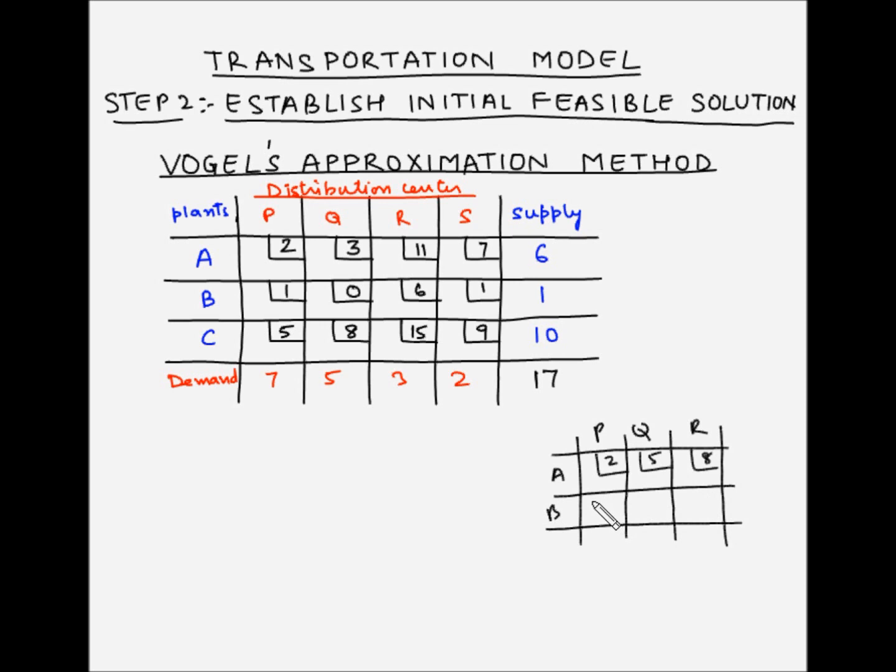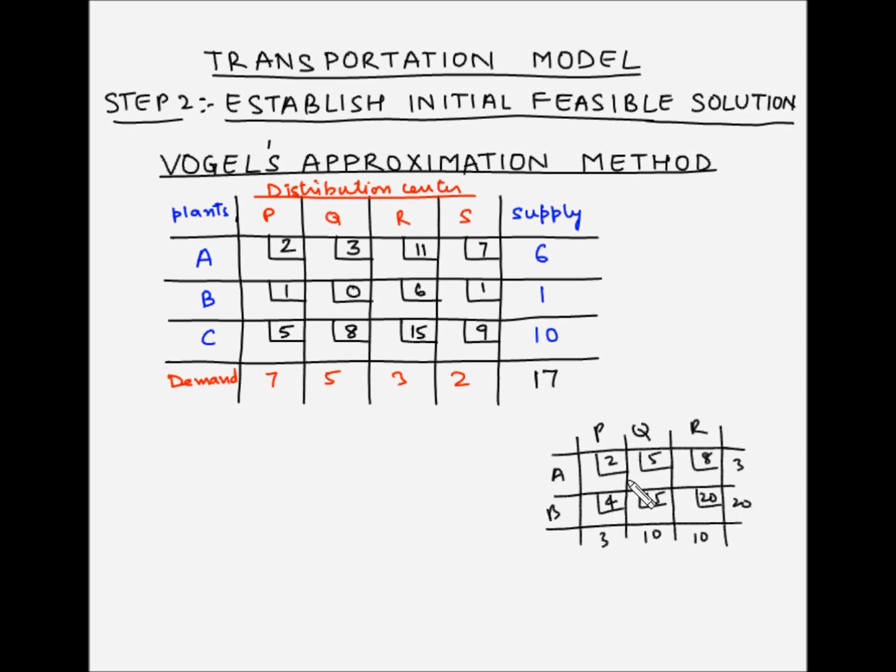Cost of transportation from B to P is 4 rupees per unit. B to Q is 15 rupees per unit and B to R is 20 rupees per unit. Now let's say the demand at P is 3, Q is 10 and R is 10, and supply at A is 3 and at B is 20.